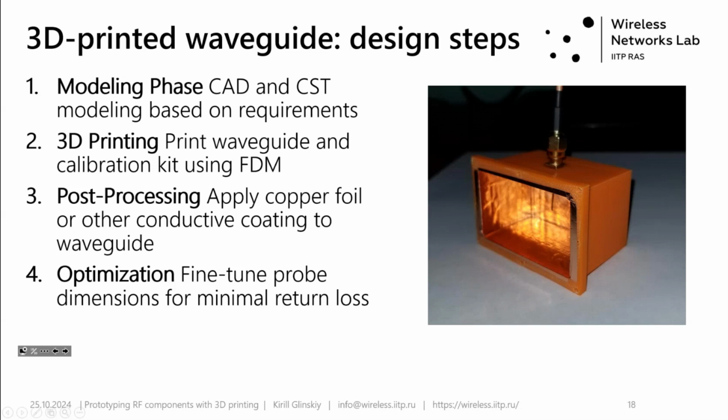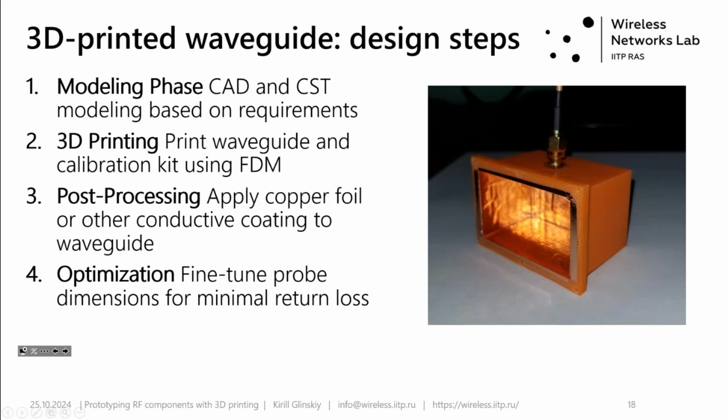After we finished optimizing the parameters of our waveguide, such as bandwidth, return loss, and some other relative parameters, we exported it into CAD software and then to 3D printing software and printed the waveguides using fused deposition modeling, the FDM technology.